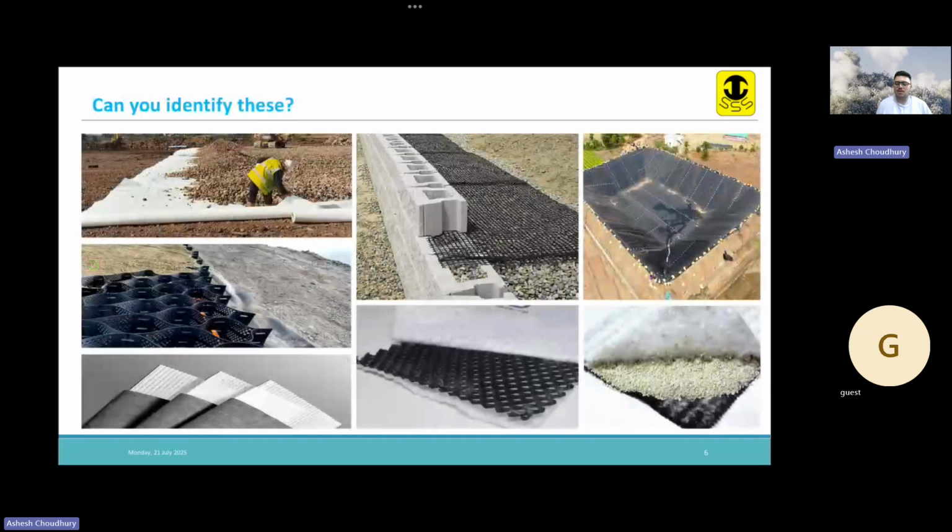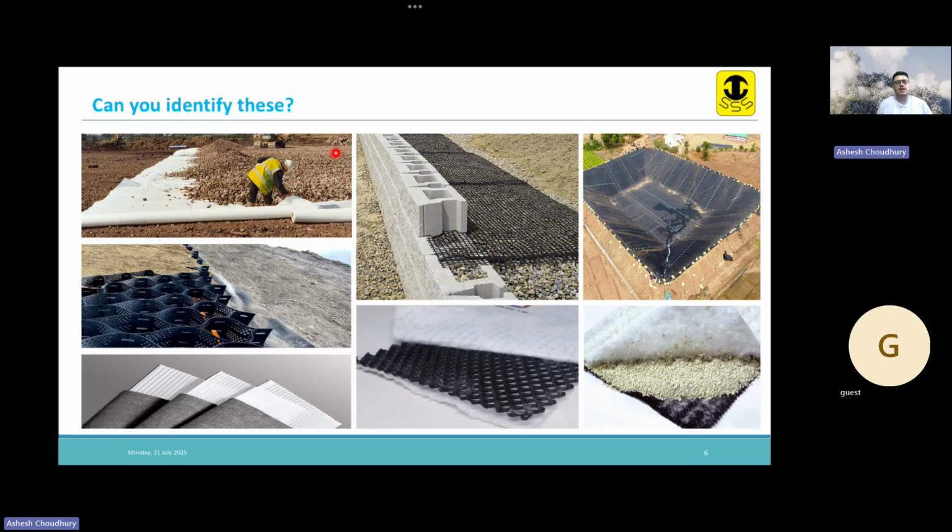The first one looks like some sheet, right? A white colored sheet over which we are pouring some aggregate, maybe. Here also we have some substrate, we are pouring some aggregate, and then there is some white colored sheet-like stuff.